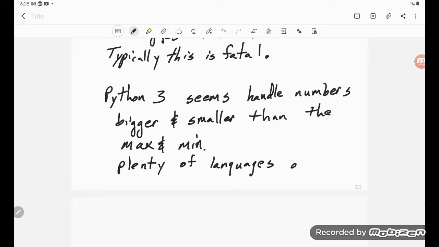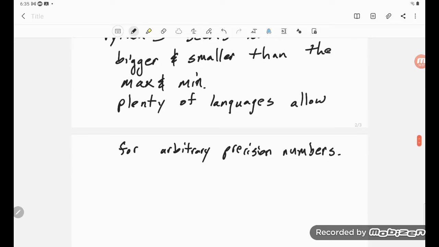Plenty of languages allow for arbitrary precision numbers. So in other words, you can set it possibly yourself and say, oh, I don't want to allow anything bigger than this, or I want to allow really, really, really big numbers. And so, those languages are set up to do that.